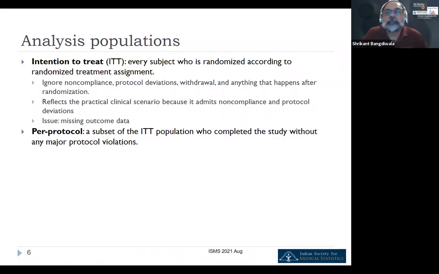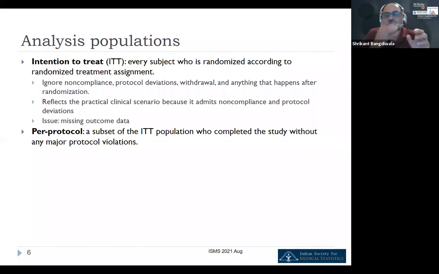Another thing that is typically done is to analyze the subpopulation of per protocol people. Per protocol is a subset of the ITT: people randomized who completed the study without any, some people say any protocol violations, but many say any major protocol violations.